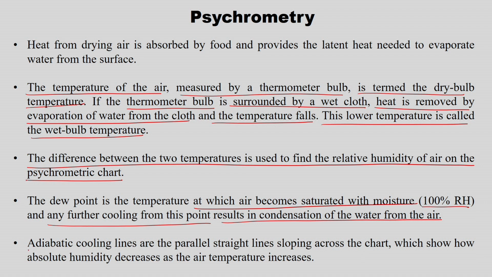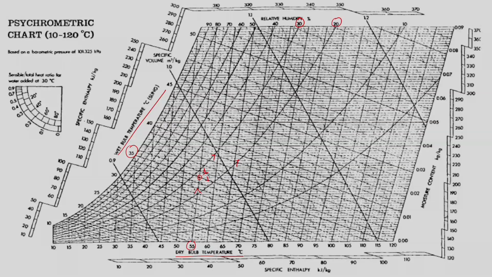And adiabatic cooling lines are the parallel straight lines sloping across the chart, which show how absolute humidity decreases as the air temperature increases. So, for example, we have taken here a dry bulb temperature of 55 and wet bulb temperature of 35, and I got 28% relative humidity.